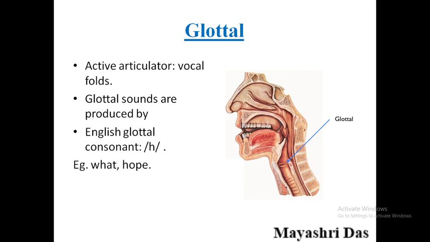In English, there is only one glottal sound, which is h. Some examples where the sound is used are what, the h in what, and hope, the h in hope.